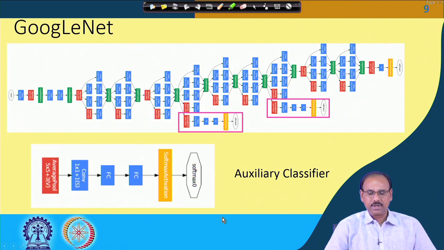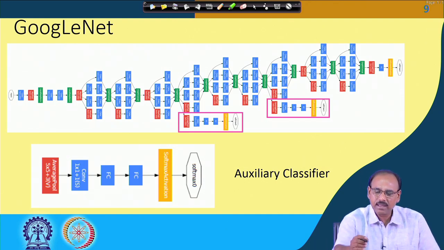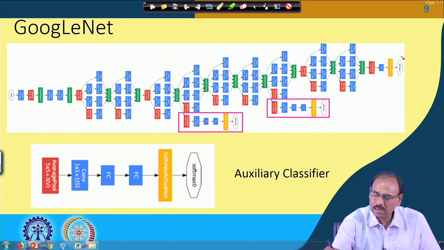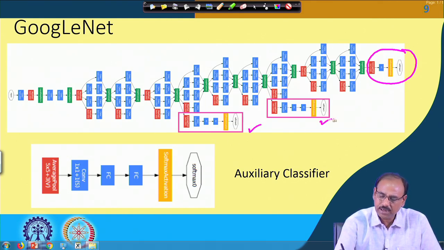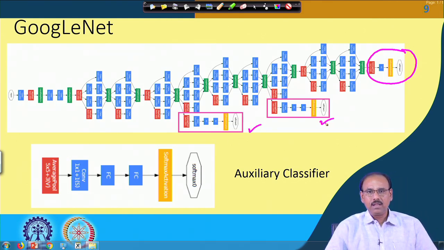The way GoogleNet tries to solve the problem of vanishing gradient is by making use of auxiliary classifiers. As we discussed in the previous class, we have one main classifier over here, and two more classifiers which are auxiliary classifiers. These auxiliary classifiers take the outputs from the inception modules in the middle of GoogleNet and exploit the discriminative power of the features computed by those modules.